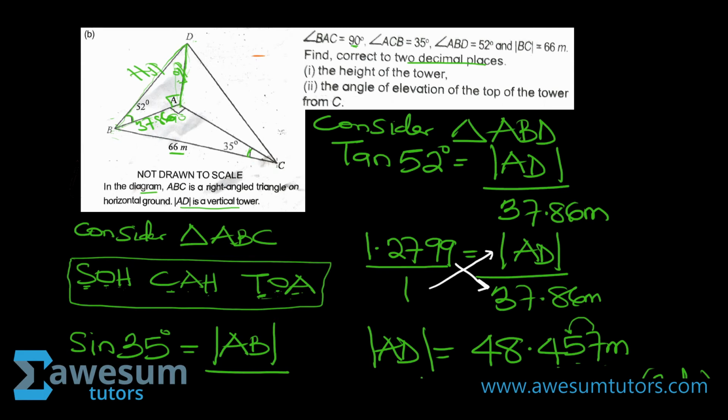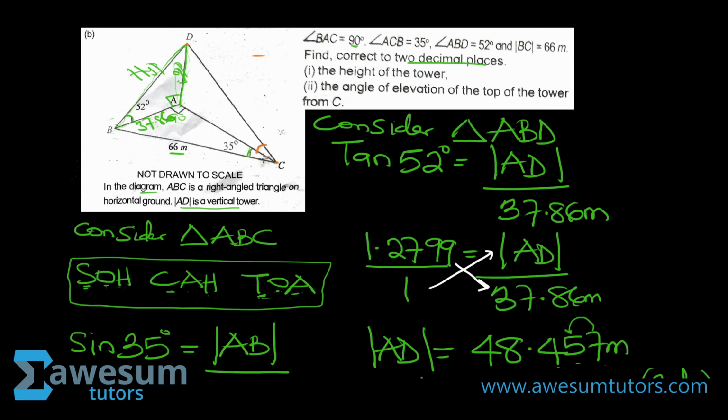So now someone is at point C looking at the top of the tower. This is the top of the tower right here. Now we want to find the angle of elevation of the top of the tower, and it is going to be the angle right here.